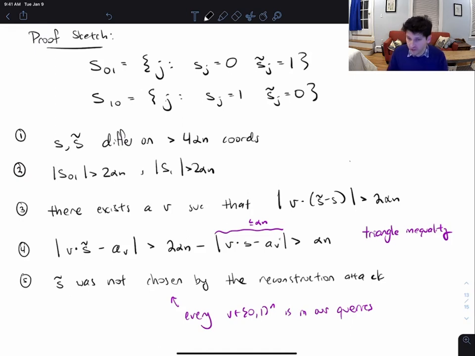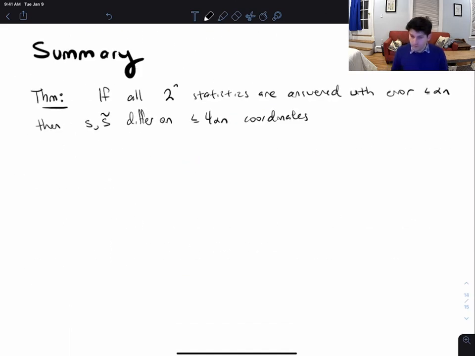This proof is really just a slightly more precise way of describing the intuition I gave you on the last slide. So let's just wrap up. We proved the following theorem about our linear reconstruction attack. We came up with a model where we can ask queries that give us an inner product between some vector we know and control and the secret vector s.